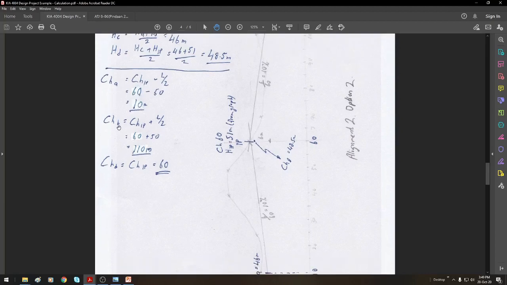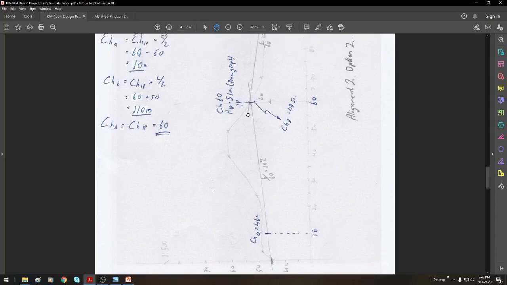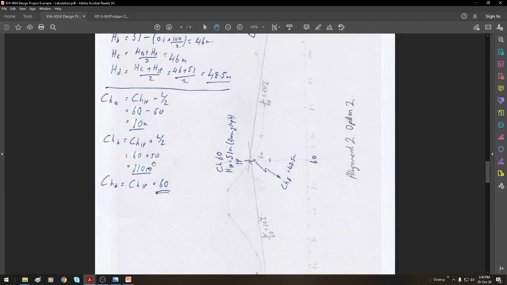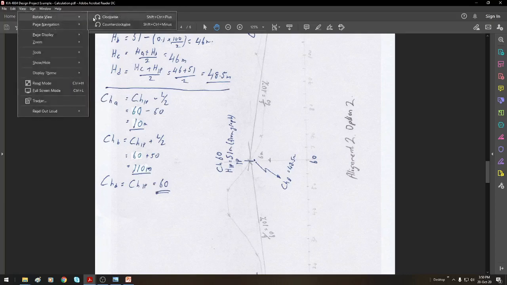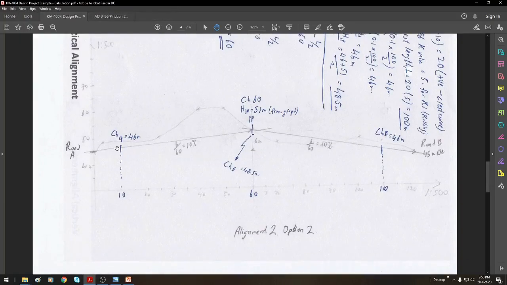On the other side, chainage of IP plus half of the curve, meaning from here you minus half and from here you plus half, so you get 110. Chainage of D is the same as chainage IP at 60 meters. So you can see one is at chainage 10, another at chainage 110, and the middle one is at chainage 60.